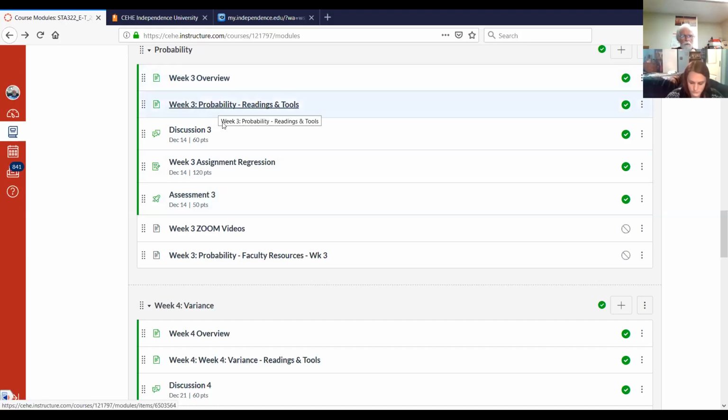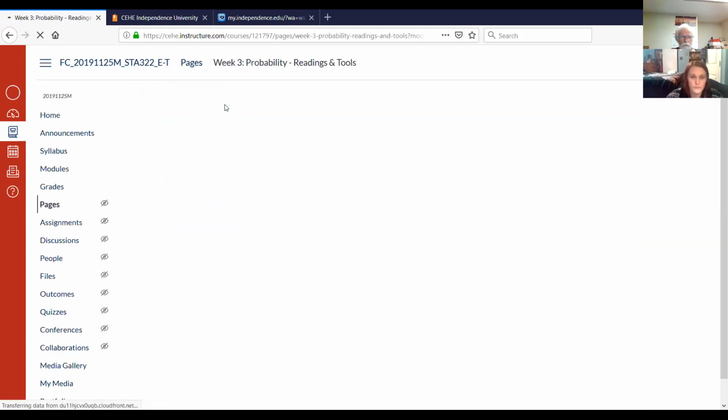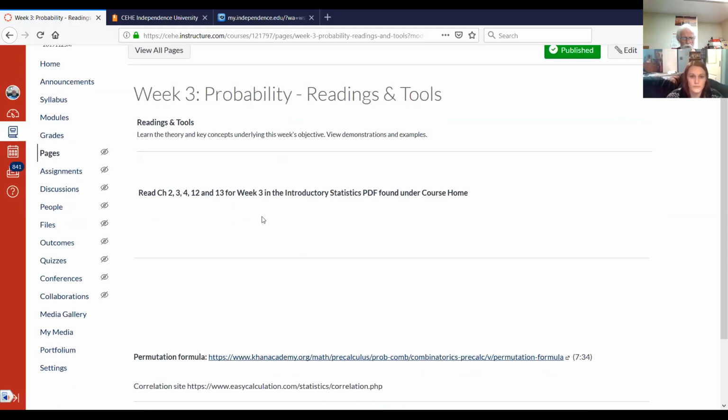Probabilities are covered in, if we look at the readings and tools, chapters 2, 3, 4, 12, and 13 in the PDF, the OpenStax text. They're also summarized fairly well, and I'm going to base most of today on the Triola text that you have access to in the shell.